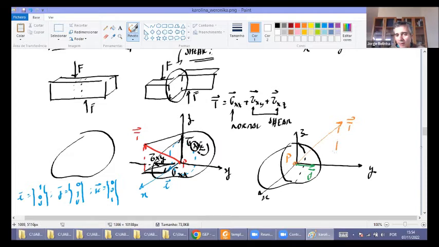Now we can project it like this. And this will be our sigma yy, because it's the normal. This will be our tau yx, and this will be our tau yz. And we'll have another T, which is this one, which is equal to this. Well, you get the idea.